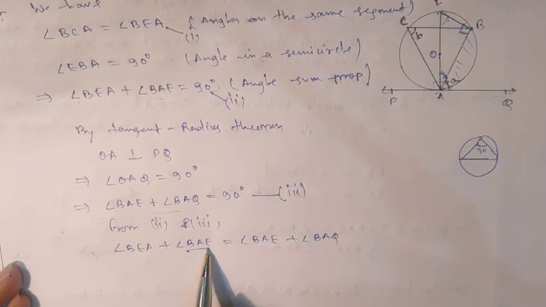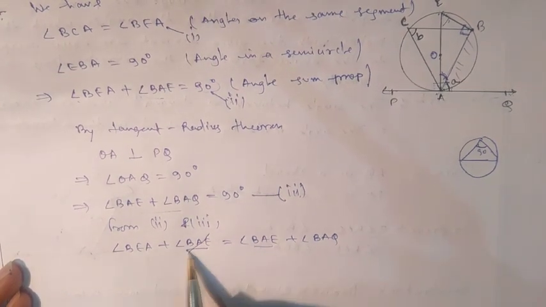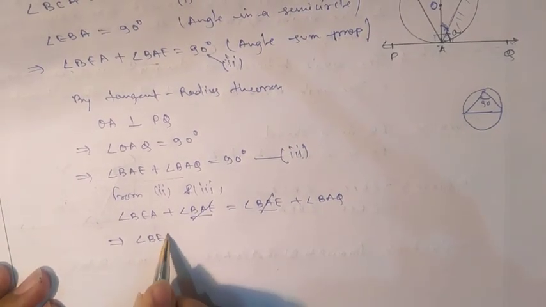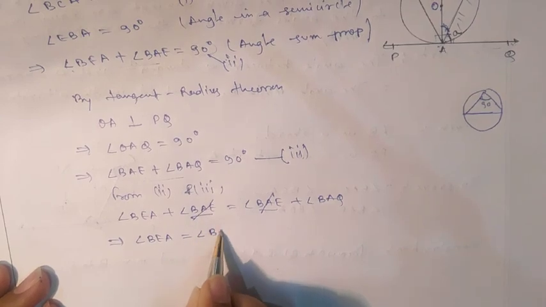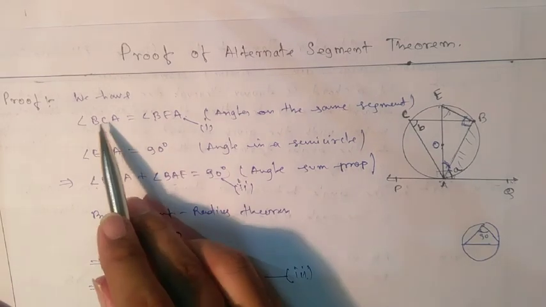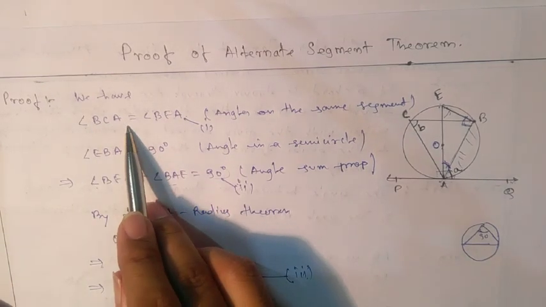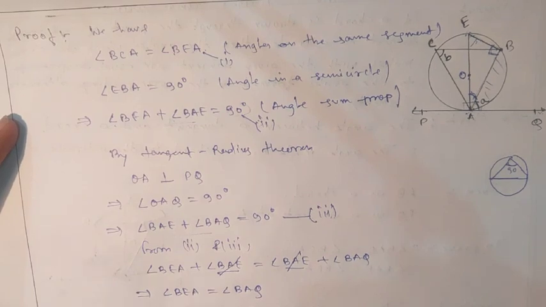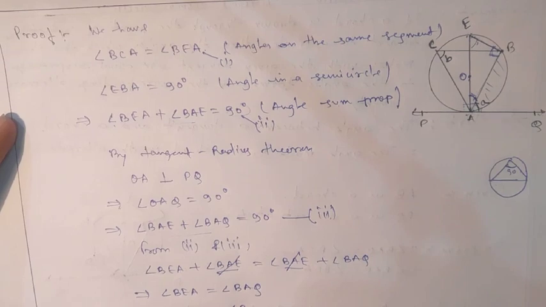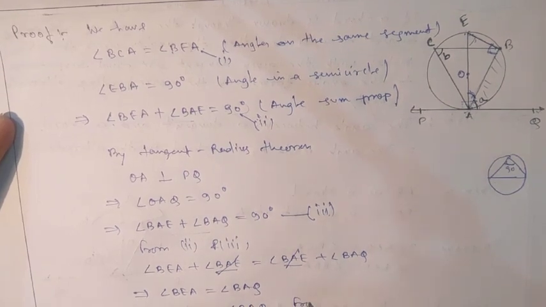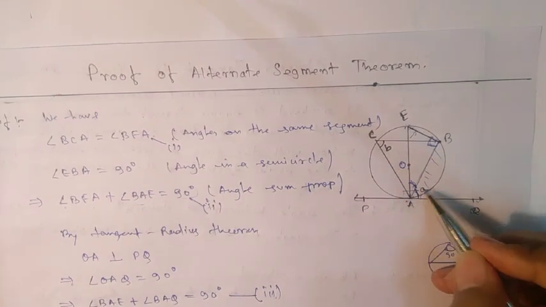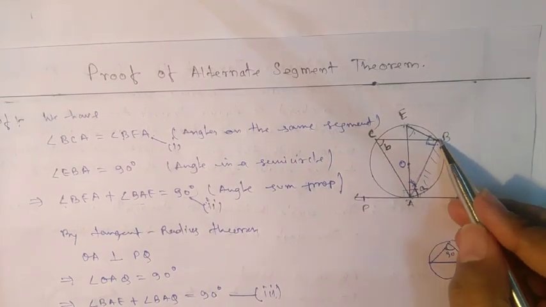You can see that BAE and BAE are equal, so they cancel each other. This implies angle BEA equals angle BAQ. Now BEA equals BCA from 1. This implies BCA equals angle BAQ, and our target was this only: BAQ equals BCA.